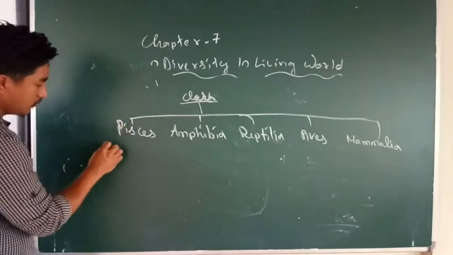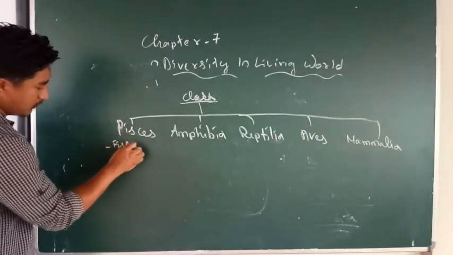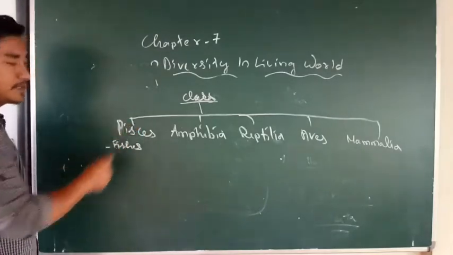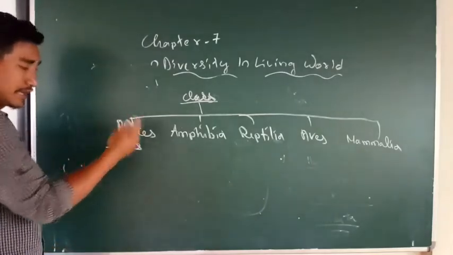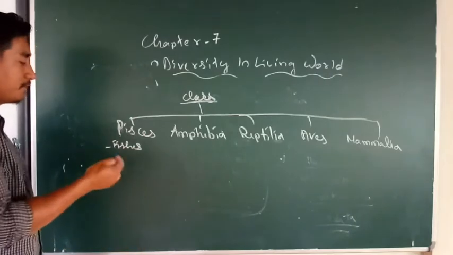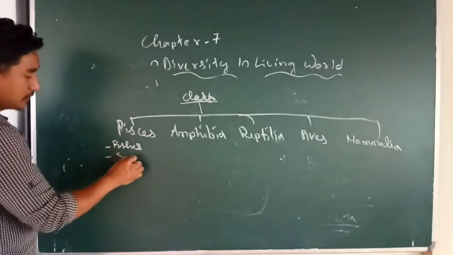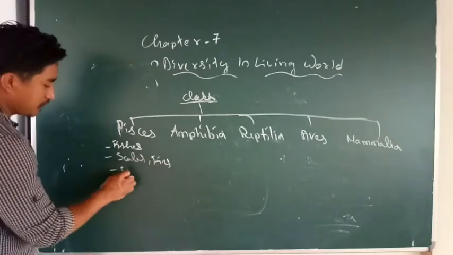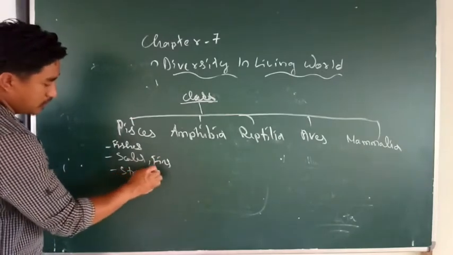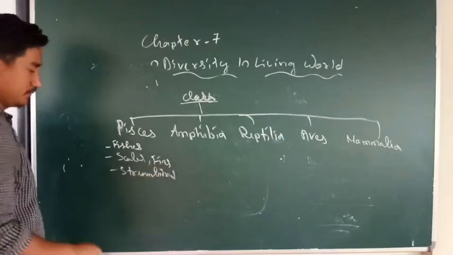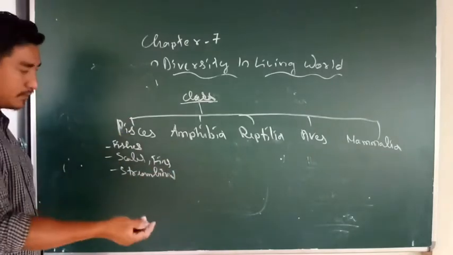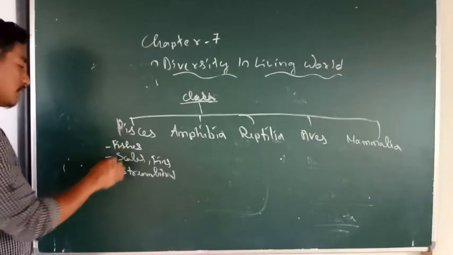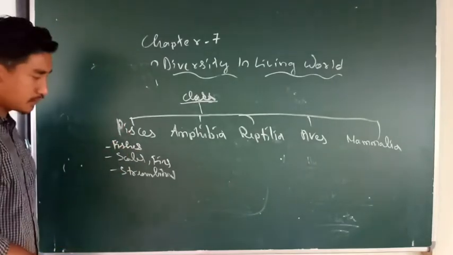Pisces includes all the fishes. All the fishes come under class Pisces. The characteristics include they have body scales, they have fins, they have a streamlined body, they are found in marine water bodies as well as freshwater bodies.